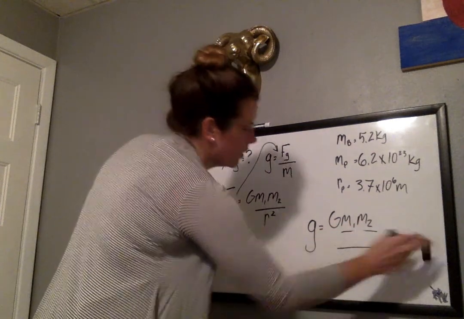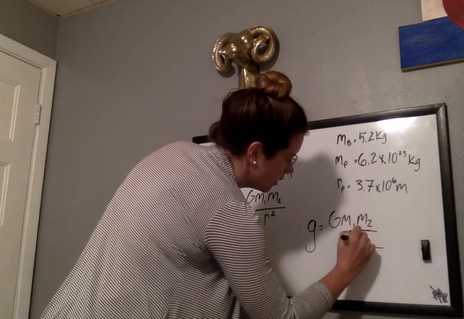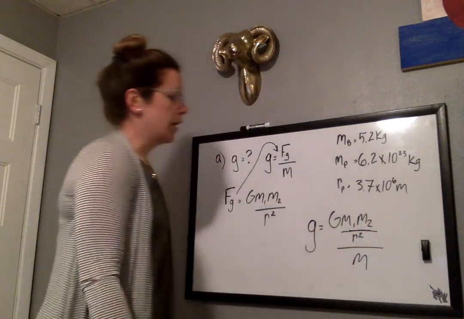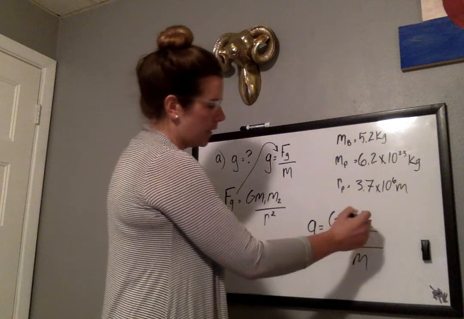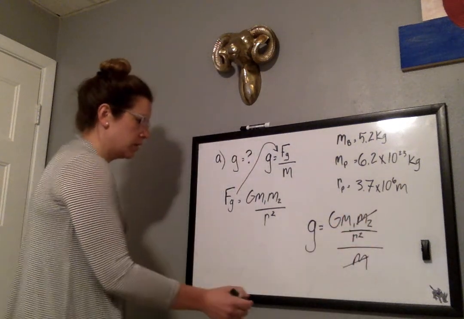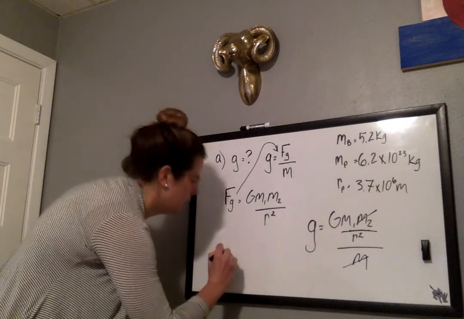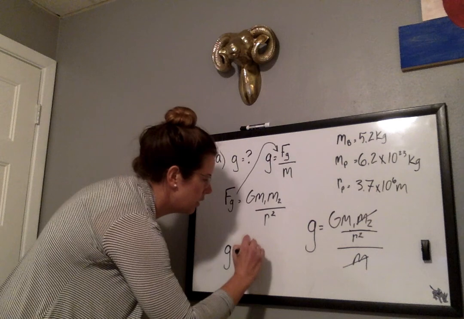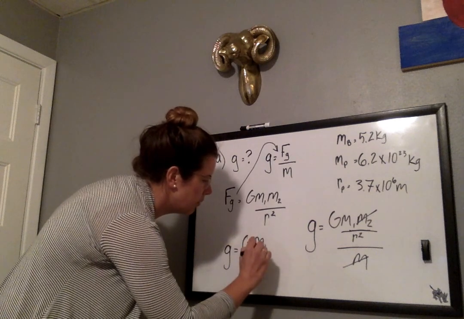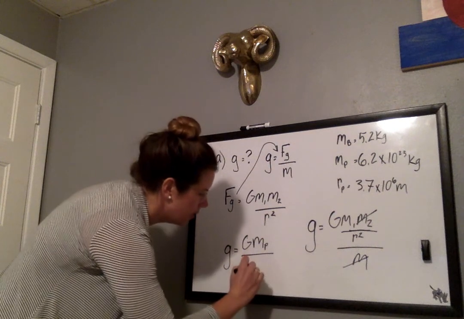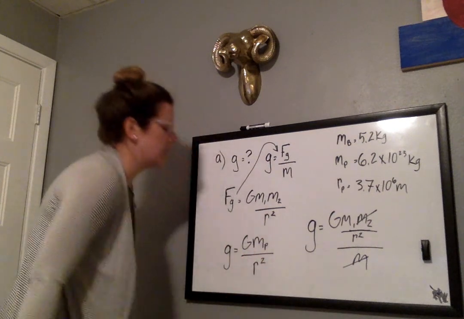Good one, Miss Philbrant. There we go. All right, the mass of the object on that planet cancels. So now we have the gravitational field on that planet is equal to big G, mass of the planet, the smaller object canceled out, divided by the radius of that planet squared.